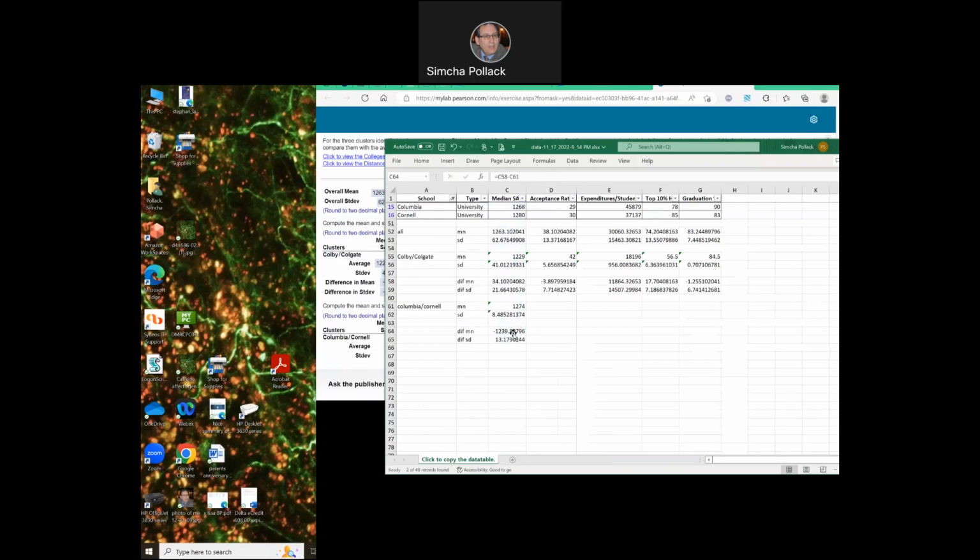Differences will be C58. Now it's going to be 52. Suppose we copied it over, we have to change it. The difference is going to be C52 minus C61.